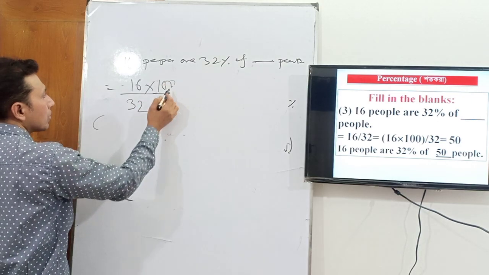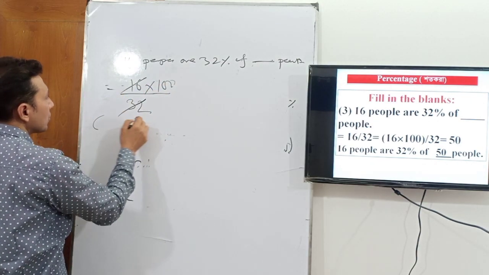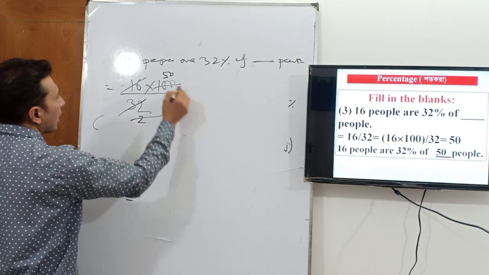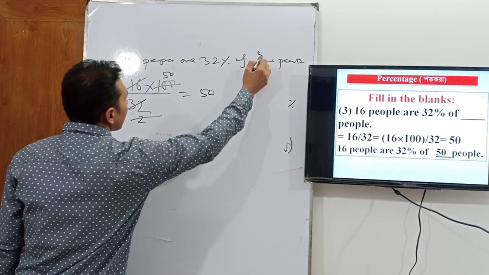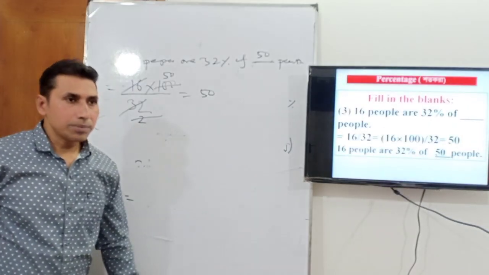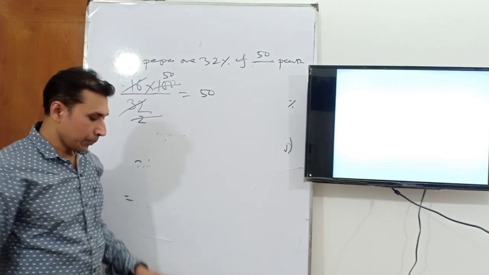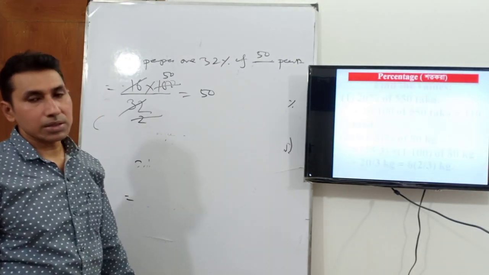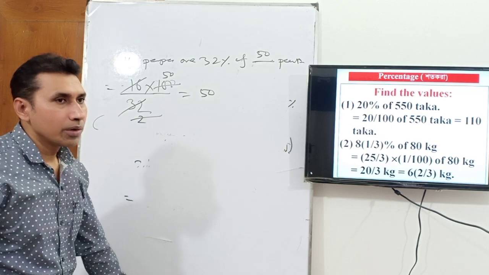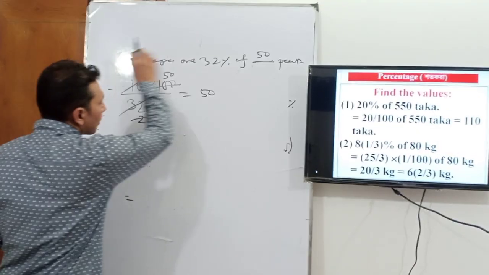So 16 into 100 divided by 32 equals 50, that means 50 people. So these are the questions where you have to convert percentage to fraction and fraction to percentage. Now we find the values. Okay, next option is find the values.